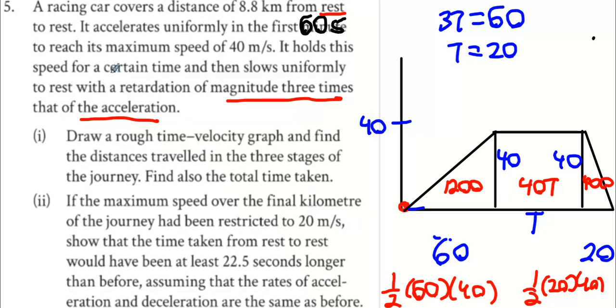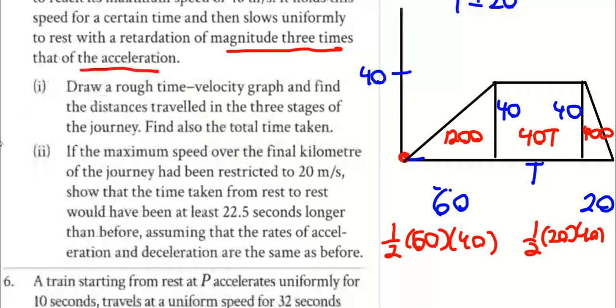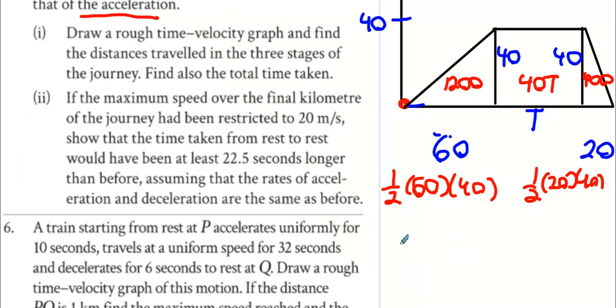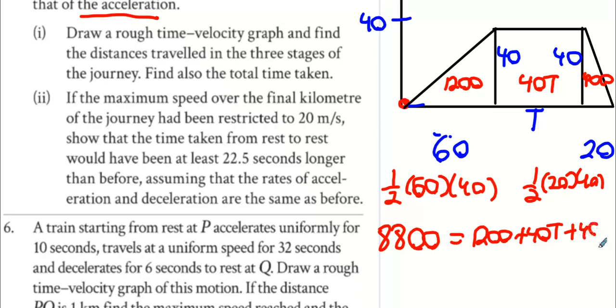You are right, you're just a little fast for me. So the 8,800 equals the three areas added together. That's your 1,200, your 40T, and your 400. And as Toby rightfully said, he brought them over and took them away, and he said that's 7,200 for the 40T.